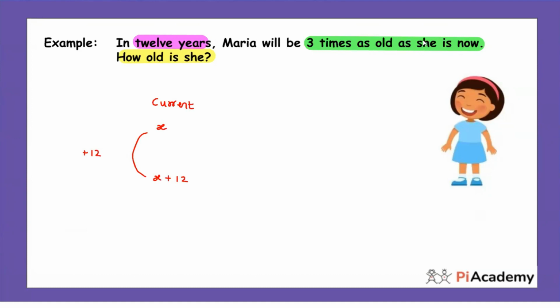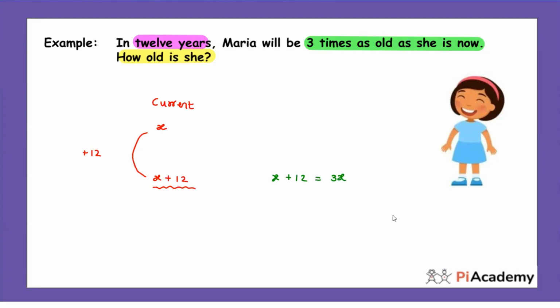Three times as old as she is now. So after 12 years, Maria will be three times her current age. So you can make the equation using the given information: x plus 12 equals 3x.